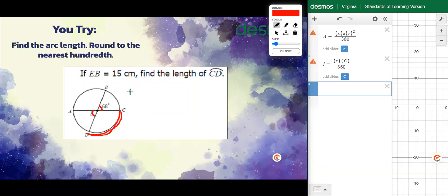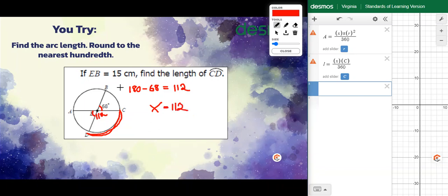Then we can take 180 and subtract out the 68 degrees given to us, and that should be equal to 112, which would be the measure of the central angle. So we're going to use x is equal to 112.